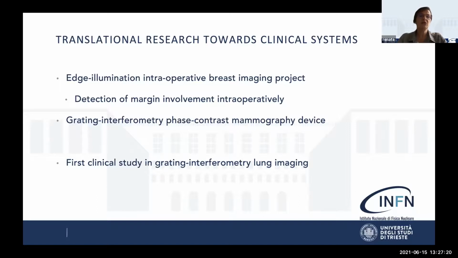One program about edge illumination, one program about grating interferometry for mammography, and moreover, some results about the first clinical study in grating interferometry lung imaging. And this would be the last step of our travel in the field of medical applications of phase contrast imaging.